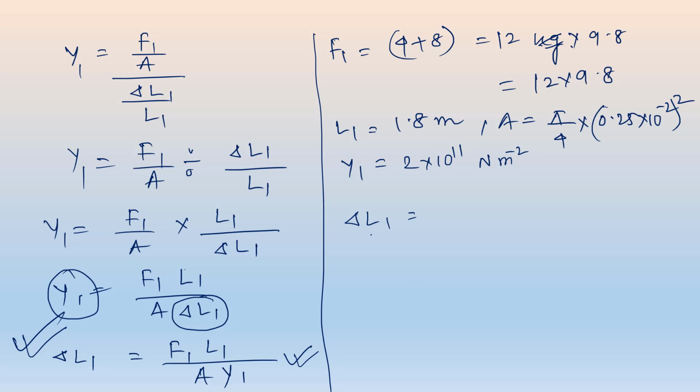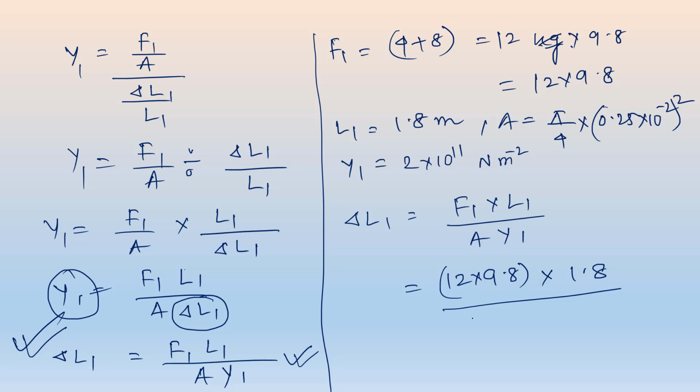Now delta L1 is F1 multiplied by L1 divided by A into Y1. If I substitute all of the values, what I will get is 12 into 9.8, that is the force, multiplied by L1, that is 1.8, divided by the area, that is pi by 4 into 0.25 into 10 to the power minus 2, that whole squared, multiplied by Young's modulus, that is 2 into 10 to the power 11.